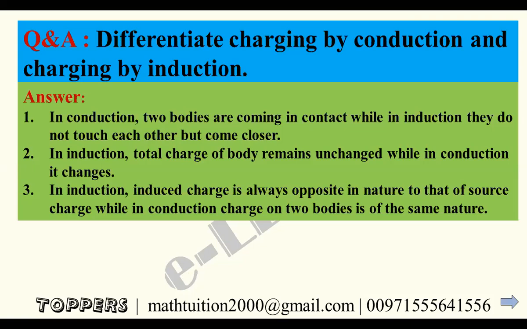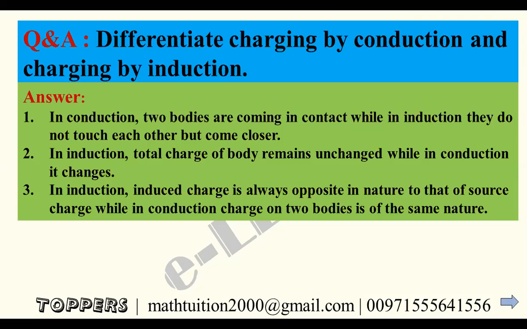Third point is in induction, induced charge is always opposite in nature. If you bring a negatively charged body to a metal, what will happen? The near part will become positively charged. Opposite charge is induced, right? But in conduction, if you bring a positively charged body into contact with a neutral body, this positive charge is shared. So the neutral body gets the same charge, right?